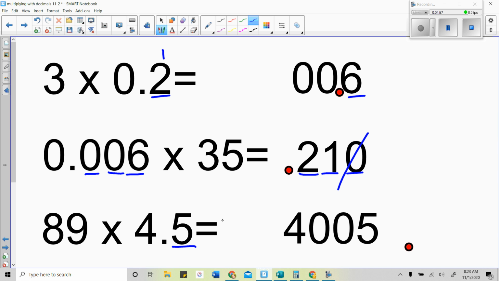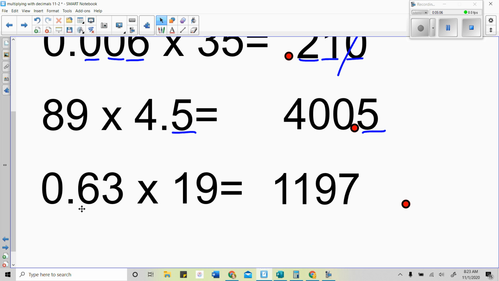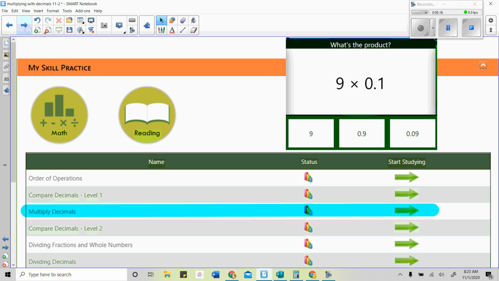Going to the next one, it only has 1. And then going to the last one, it has 2. So the decimal would go there. So multiplying these is all about the decimal placement.